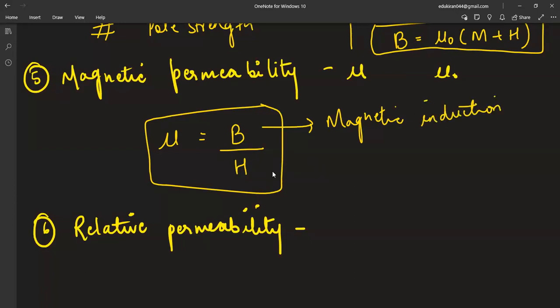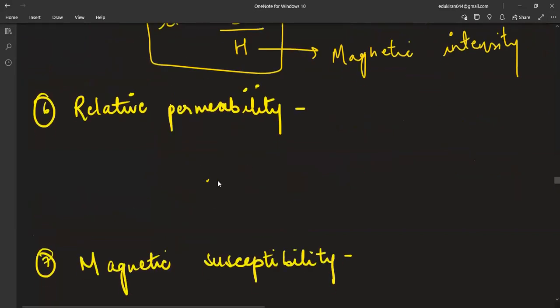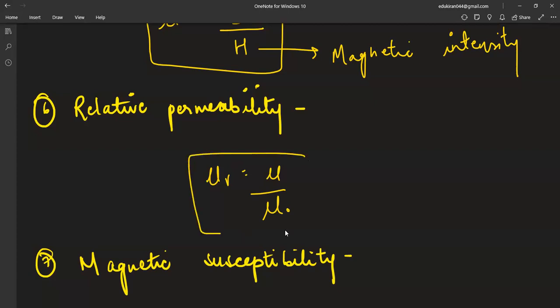So I've already told you these are very confusing. Please revise today itself, after the class, revise and complete. And this is magnetic intensity. And relative permeability, this also we have studied. What is relative permeability? Relative permeability is mu divided by mu naught.